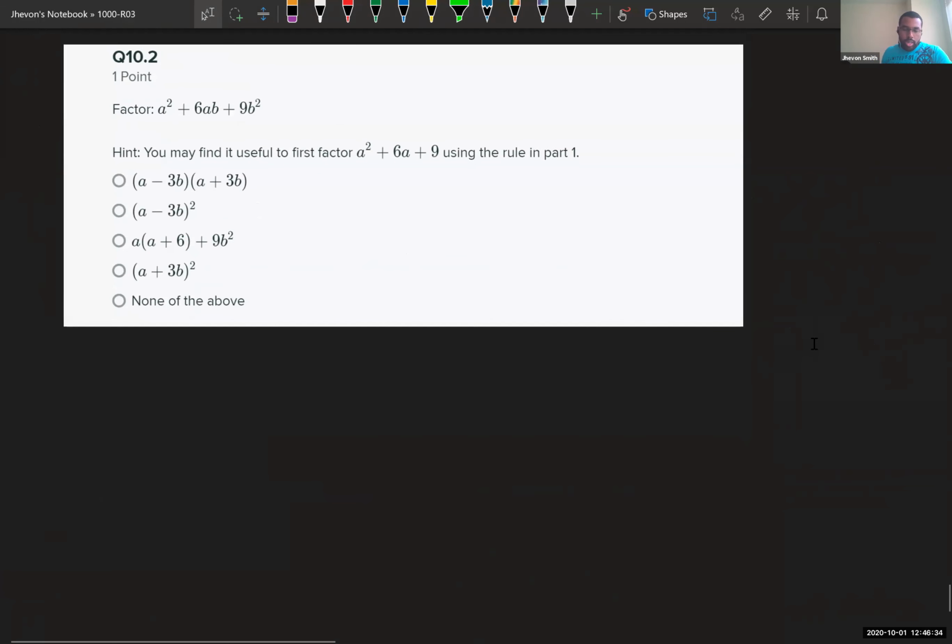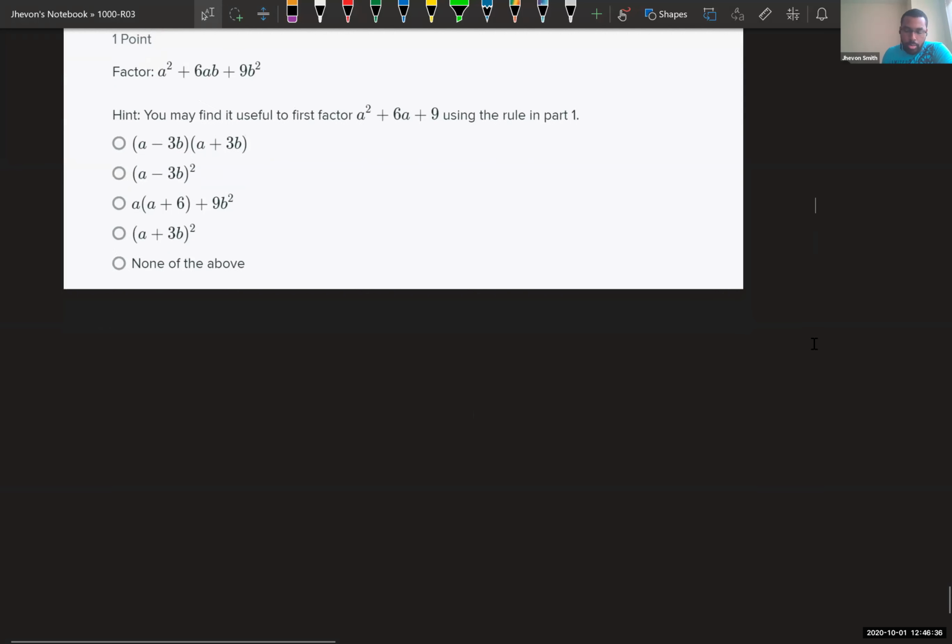Okay, so this one is again kind of expanding a perfect square. And I did mention, this is sort of connected by the same strategy. That's why they're in the same parts. So if I worried about what a squared plus 6a plus 9 would factor as, well, that would factor into a plus 3 all squared.